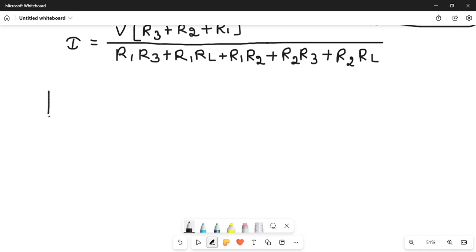Now here it is V. Now here it is R1, now here it is R2.